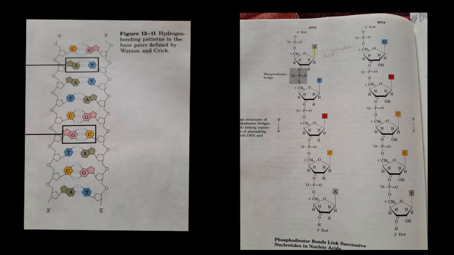Imagine the sugar phosphate backbone as a strong bamboo, and take another strong bamboo and join them together to form the rungs on which you can go upwards. It will form a ladder.